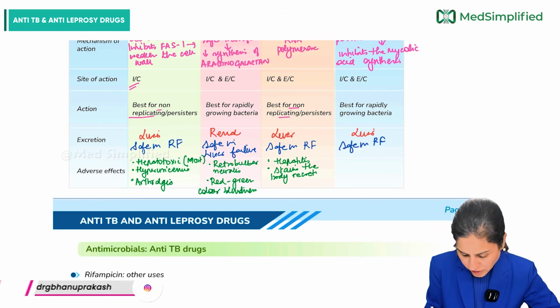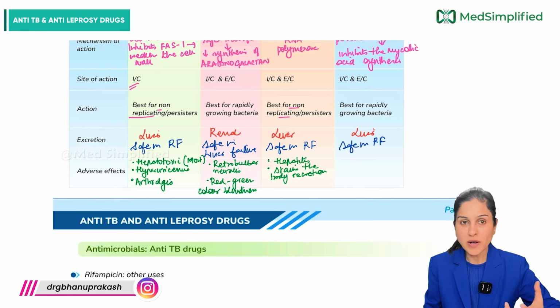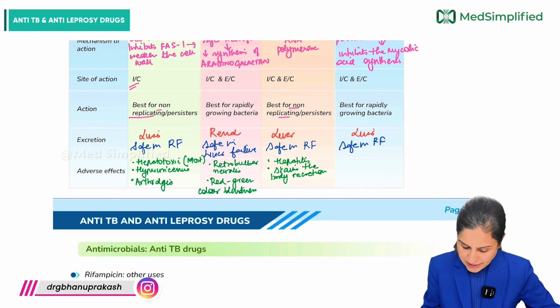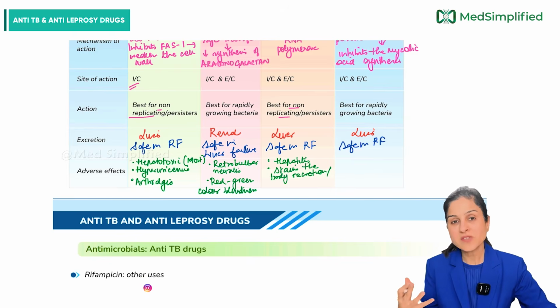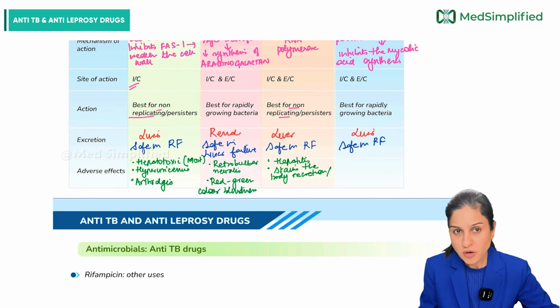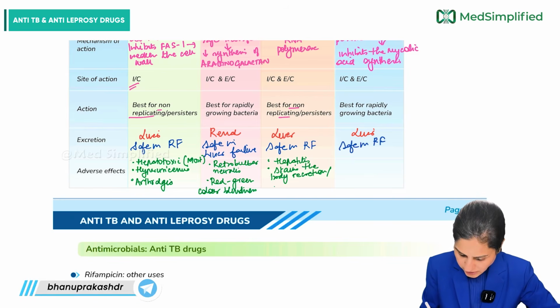If you don't tell the patient, they can get startled because of the urine coming out orange and red. So, you have to tell the patient it stains the body secretions. The contact lens wearers also need to be given a precaution that the lenses can get stained because of that, right? It will stain the contact lenses.